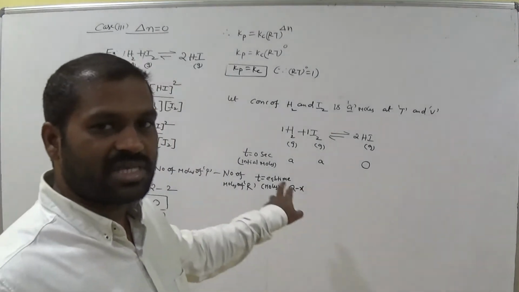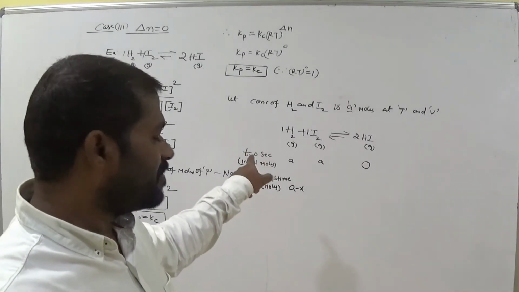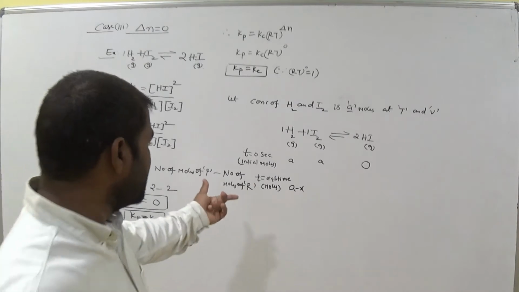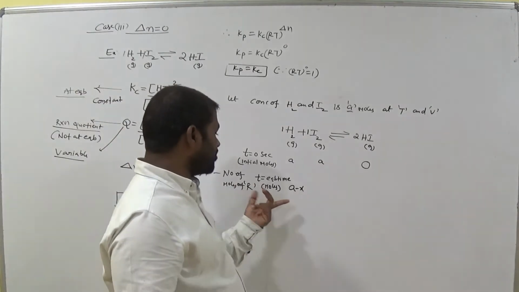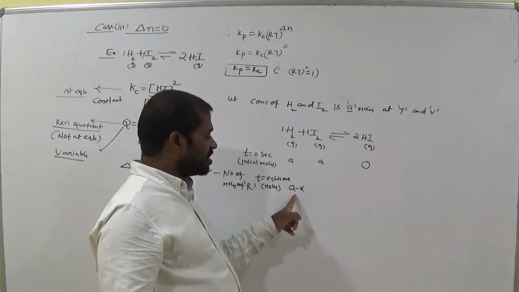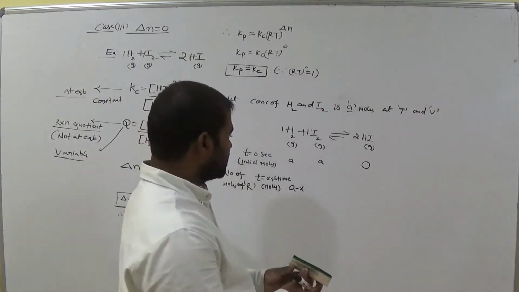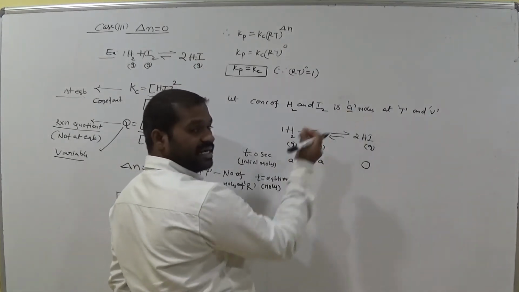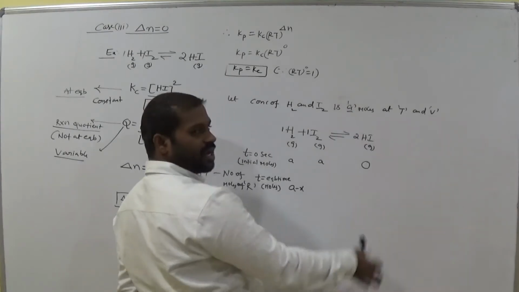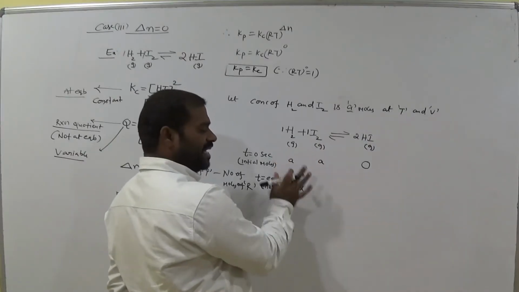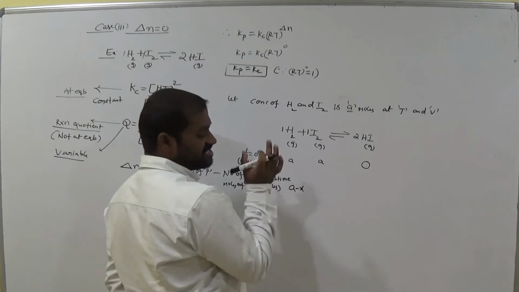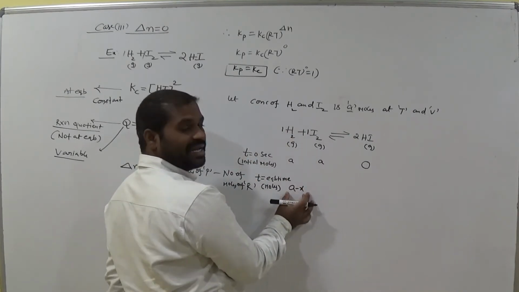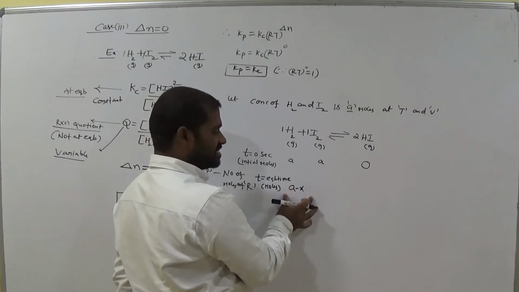So the remaining equilibrium moles of H2 equal A minus X. So now the equilibrium moles of H2 are A minus X, clear?